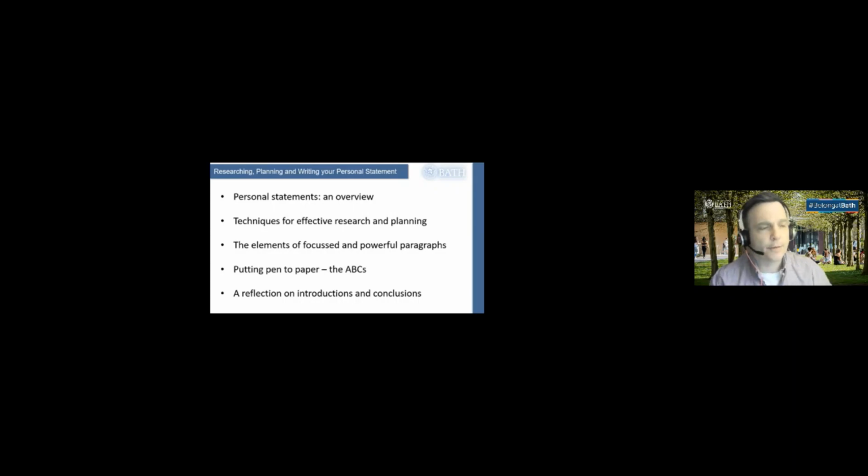So the first thing we're going to look at is an overview of personal statements and why they're important. Then I'm going to start looking at those techniques and talk about research and how you can go about your research for finding out about courses and universities, and use these techniques to great effect to make some notes that will be really useful further down the line.